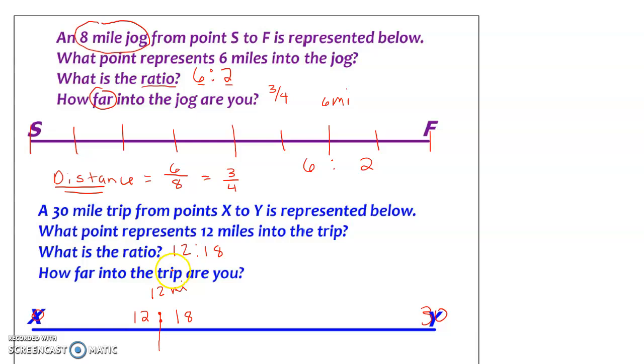Now, how far in the trip are you? Well, I've traveled 12 out of my total 30, and I can simplify that. So I've gone 2/5 the distance. Thinking about the difference between a ratio and a distance.